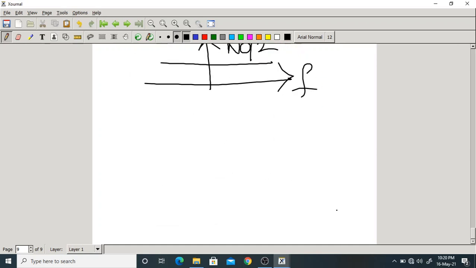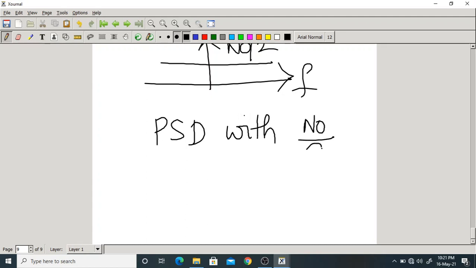Now here N naught by 2. Generally we mention the power spectral density as N naught by 2. They'll give you the value of N naught by 2, or the value of N naught, or simply say the power spectral density is so much, which means they give you the N naught by 2 value.